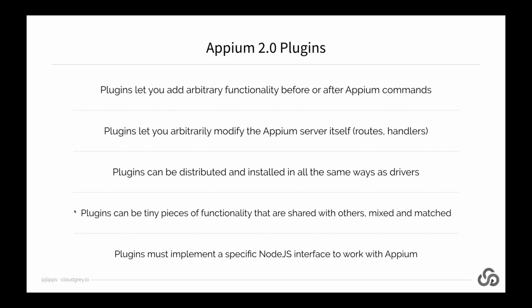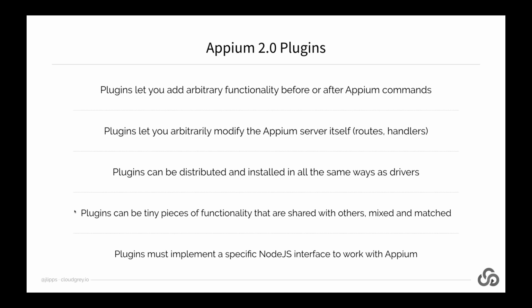So for example, a plugin that I developed a while back allows you to search for an element by a semantic label, and then a machine learning model is employed to figure out which elements might match that label based on their appearance. So this would be an example of a plugin that would just kind of pay attention to the find element command and add additional functionality before or after that command.